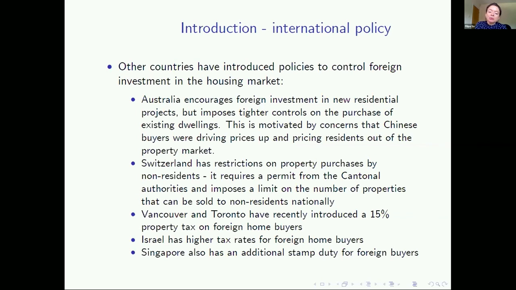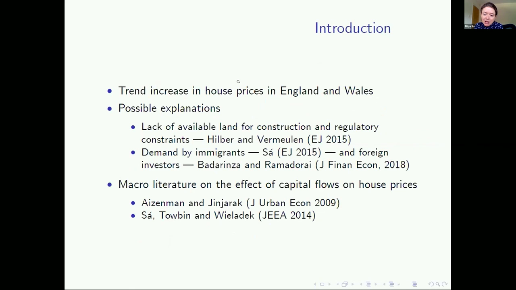Switzerland as well has restrictions on purchases by non-residents. Vancouver and Toronto also have introduced a property tax on foreign home buyers. Israel also has higher tax rates for foreign home buyers, and Singapore has an additional stamp duty for foreign buyers. So other countries have implemented policies to try to restrict or control foreign investment in the housing market.